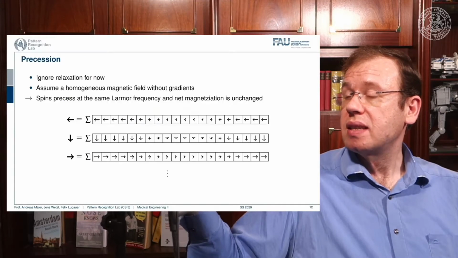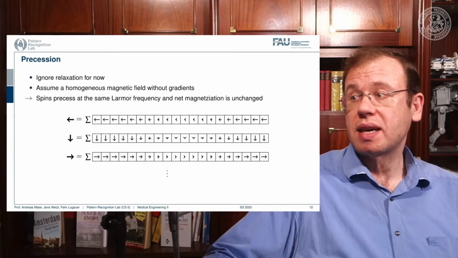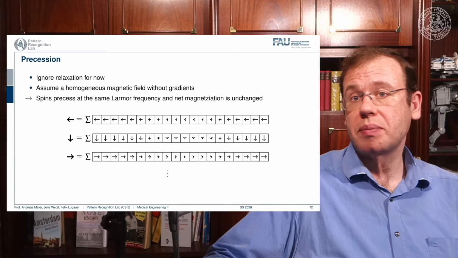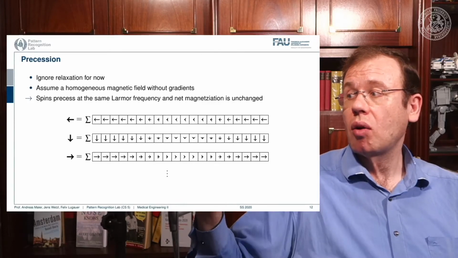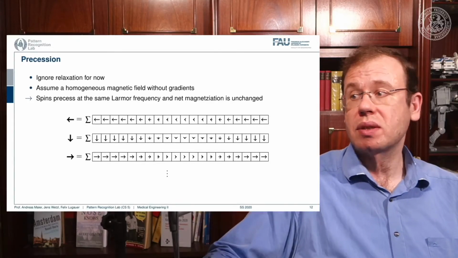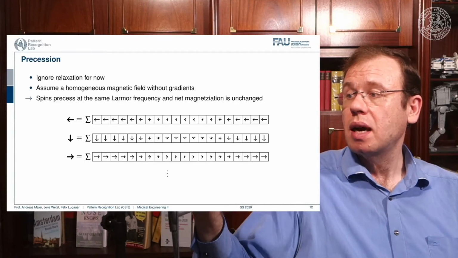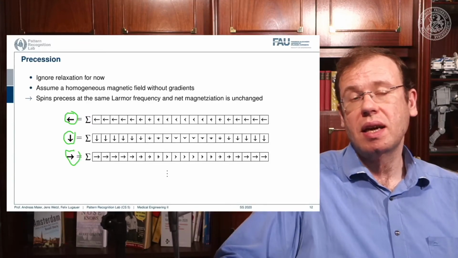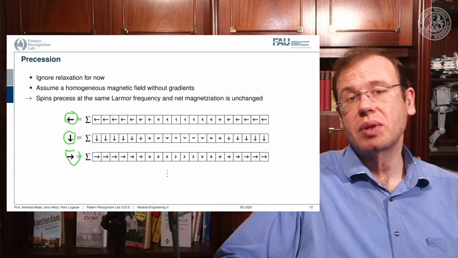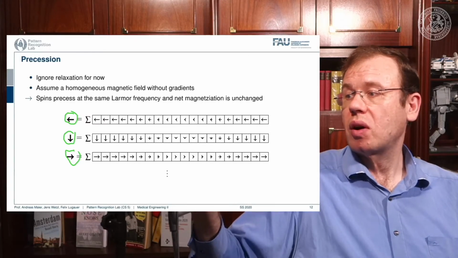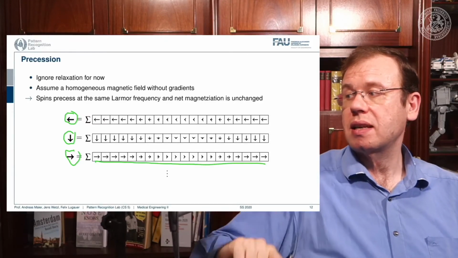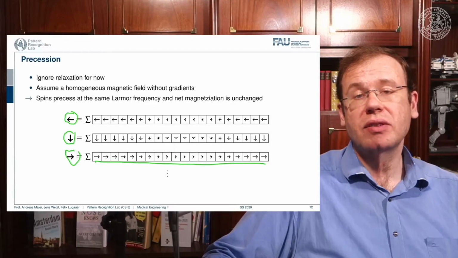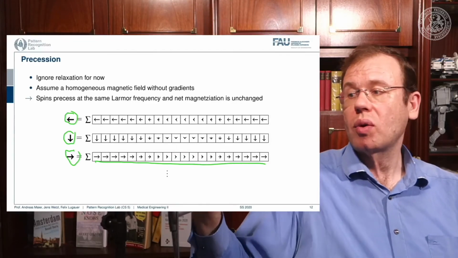If this is done at a later point in time, that's not a big problem, because they all rotate in synchrony. If I measure a little later, I might be measuring this here, but the magnitude is exactly the same. It might be a different orientation, but the sum will cause the magnitude to be exactly the same, and because everything is rotating in synchrony, I always get the same signal.